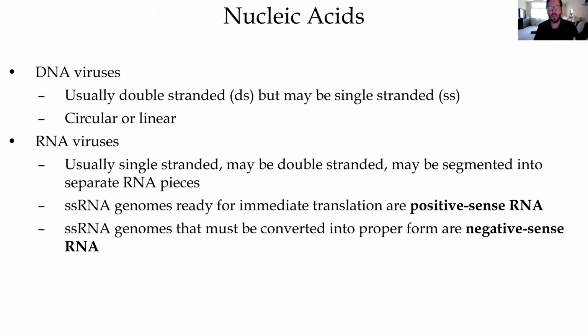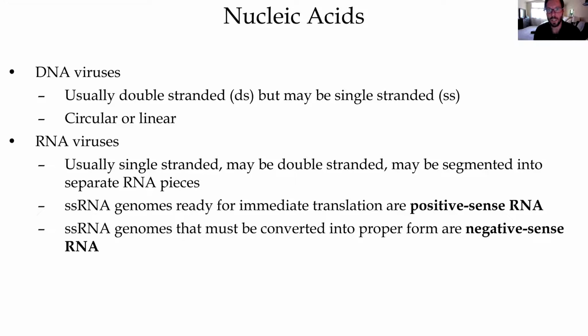But in biology, there are exceptions to everything. Anything that anyone ever tells you, there's always going to be something that goes against the grain. In this case, it's typically going with the grain, but in some cases there are aberrations. So primarily RNA viruses are going to be single strand. DNA viruses are going to be double strand, but not always. RNA viruses can be segmented into a bunch of different RNA pieces.